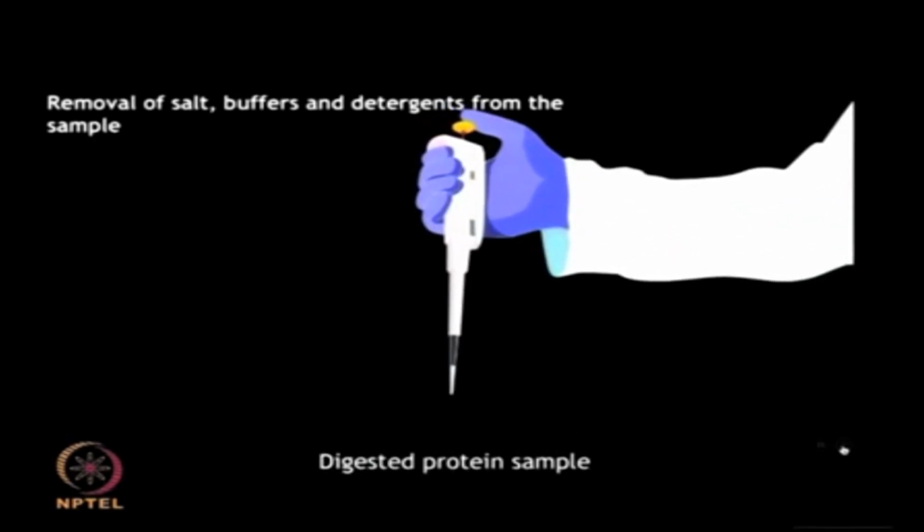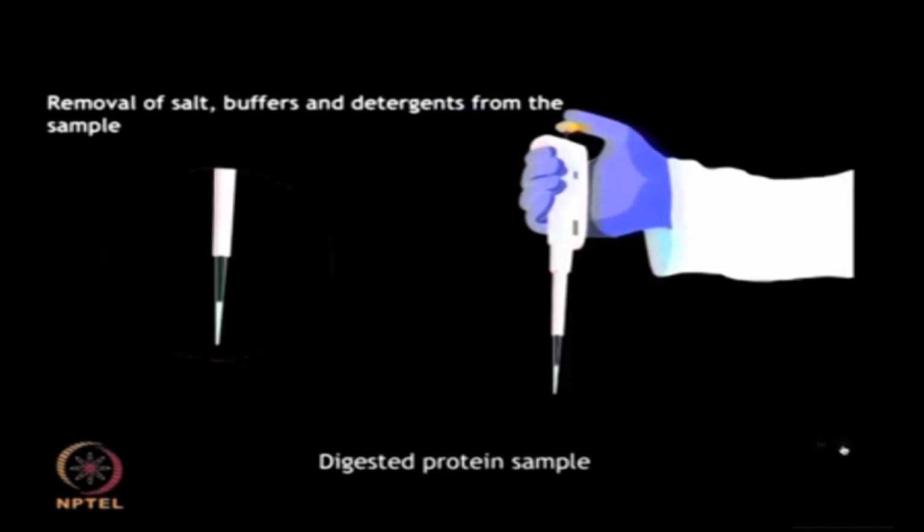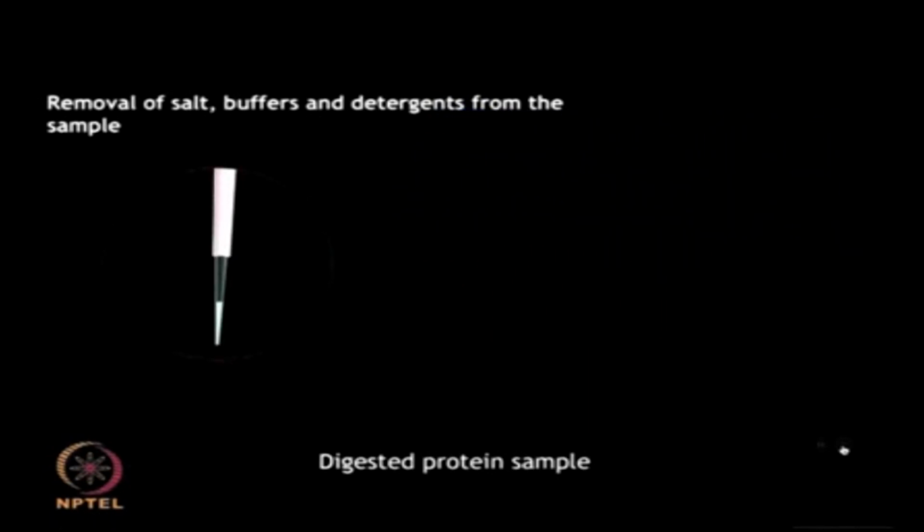So, after doing in-gel digestion and before proceeding to the mass spectrometry analysis, an efficient step in between is to use some filters or zip tips, which can eliminate some of these contaminants and salts.